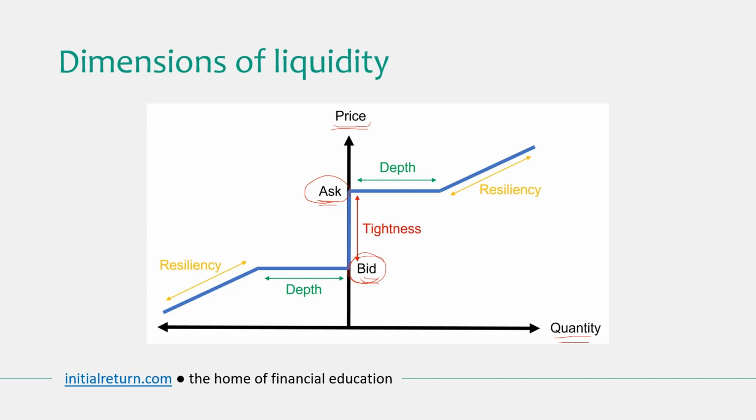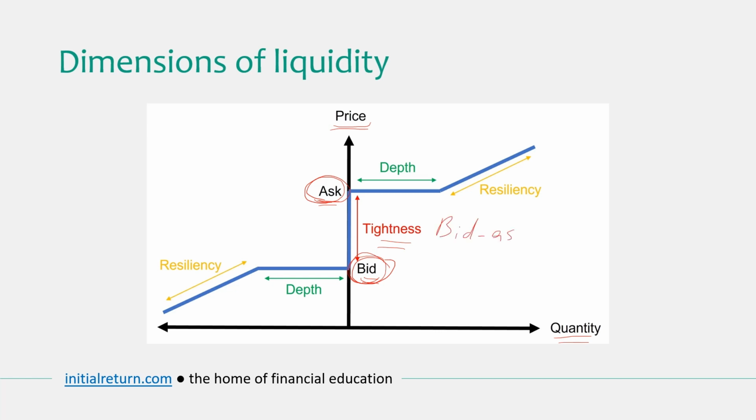So when we want to buy the stock, we will buy it at the ask price and sell it at the bid price. Which means that the larger this gap, the worse is our loss, right? If we try to quickly turn around our position. So this dimension of liquidity is called tightness, and essentially it is equivalent to the bid-ask spread, right?